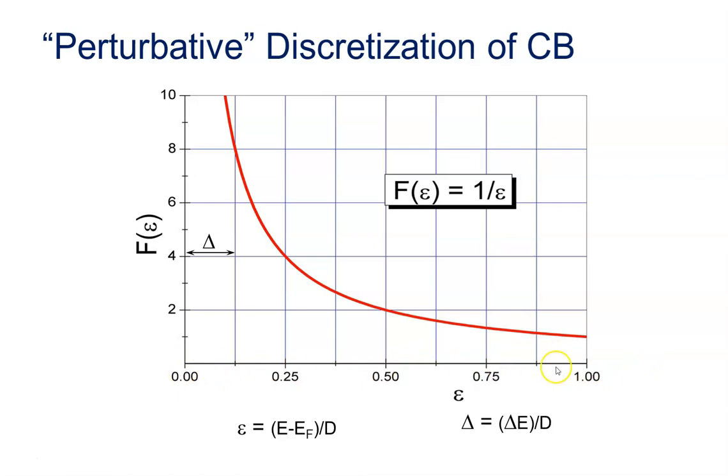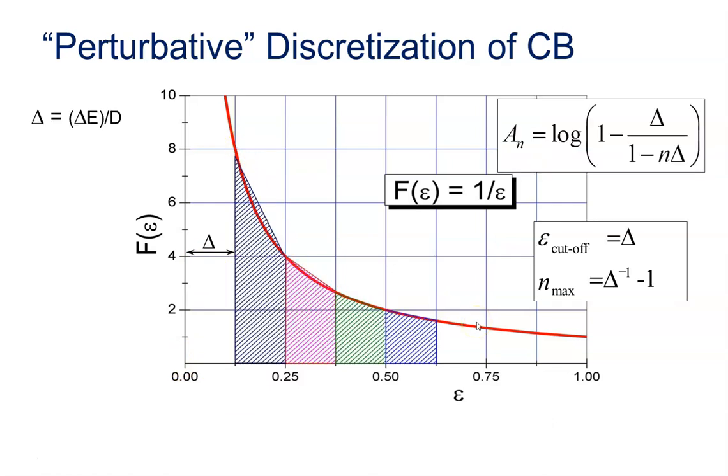That's the one that I want to integrate, and I do this grid on regular spaces, right? So say my delta here is 1 over 8, and now I'm going to add all these areas. If I calculate the area on each of these bins, I get something like that.